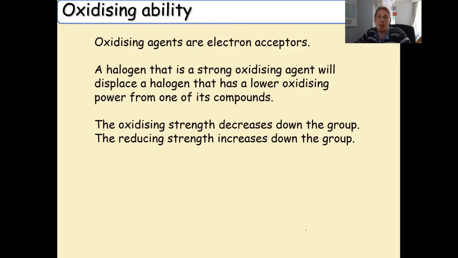This is why things get a bit more complicated, because at GCSE we just say group 7 get less reactive as you go down. But now we've actually got to be a bit more specific about what we mean there.